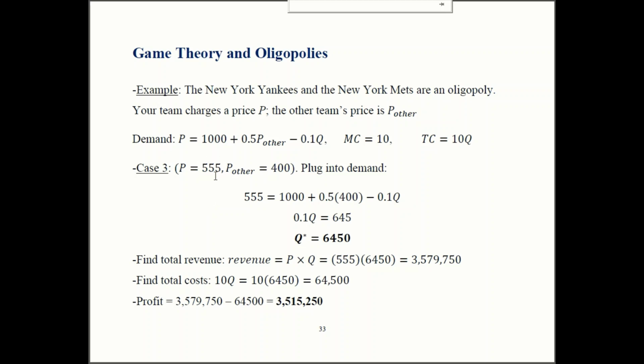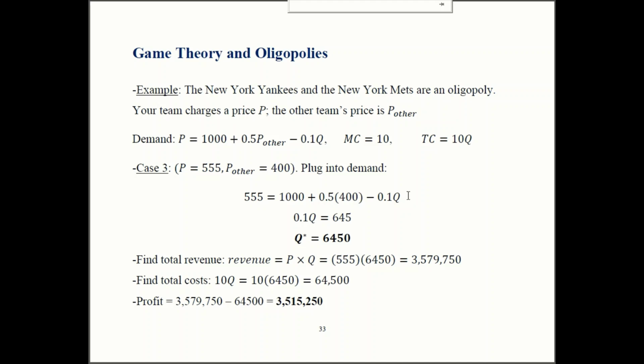So P equals 555 is going to go over here. 555 equals 1,000 plus 0.5 times 400, the other price is 400, minus 0.1Q. 0.5 times 400 is going to be 200. 200 plus 1,000 is going to be 1,200. 1,200 minus 555 is going to be 645.